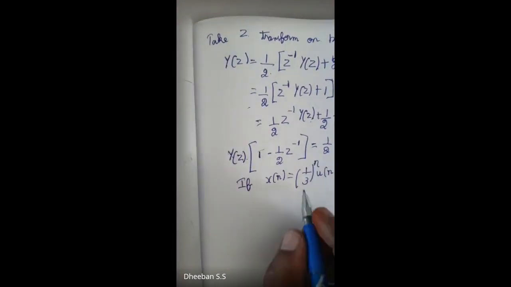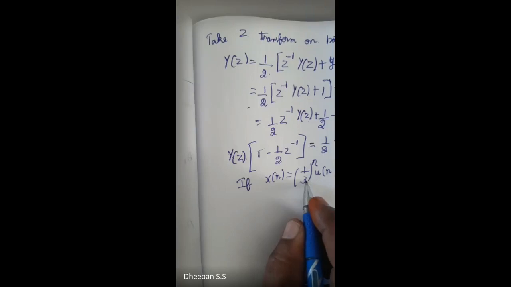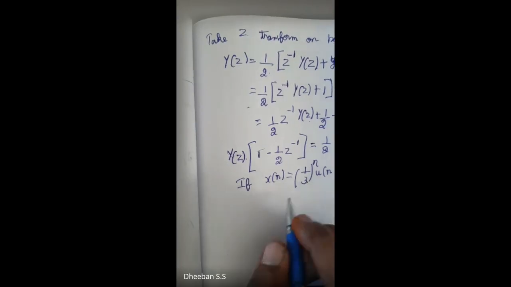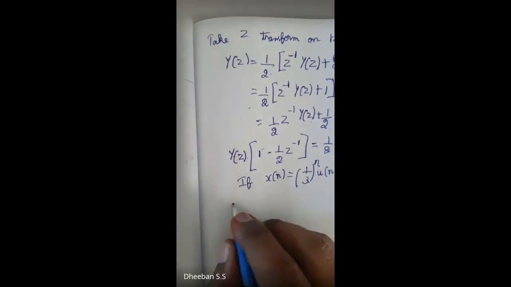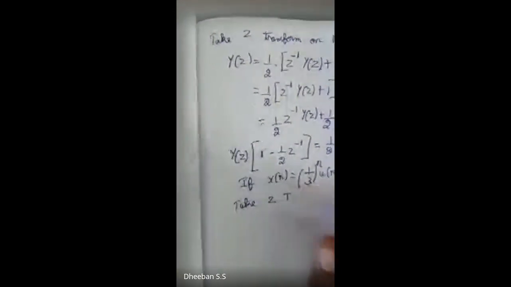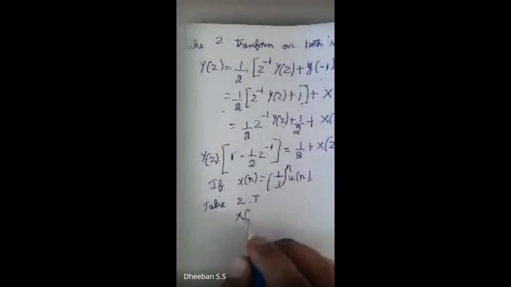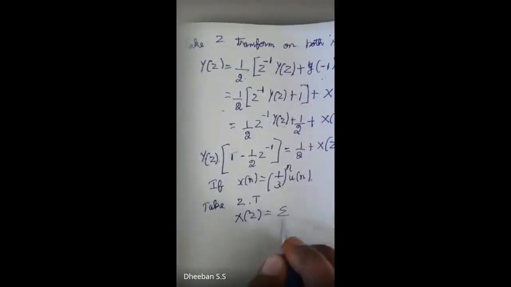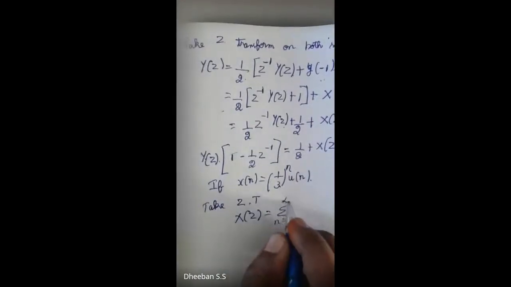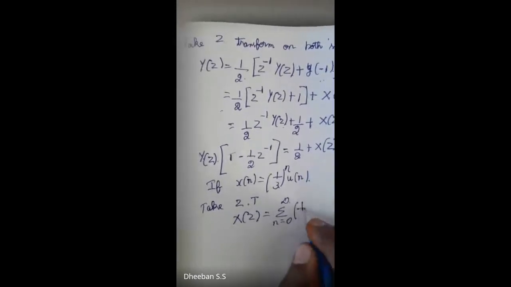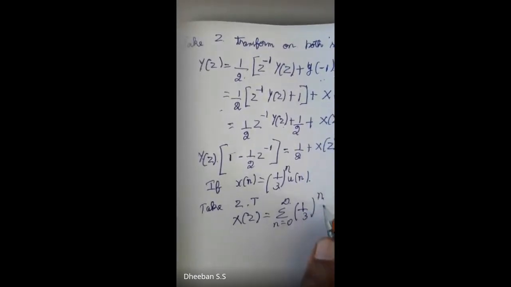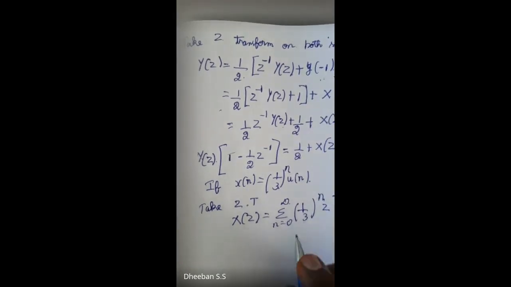So for this, if you are taking your x of z, that is the z transform, then x of z will be equal to summation n equal to 0 to infinity 1 by 3 power n into z power minus n, okay. So for this it is a constant.